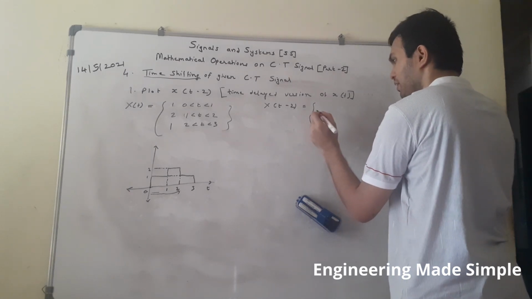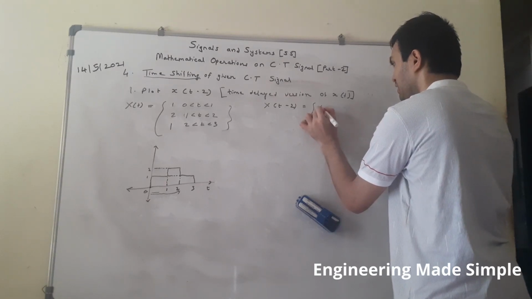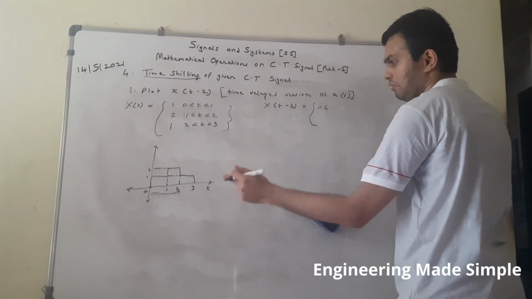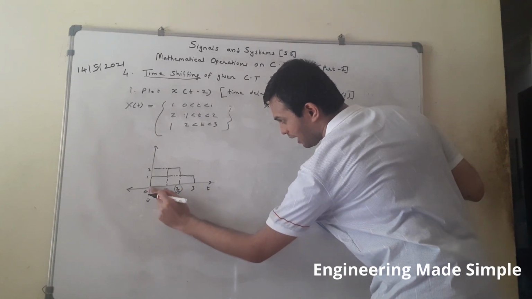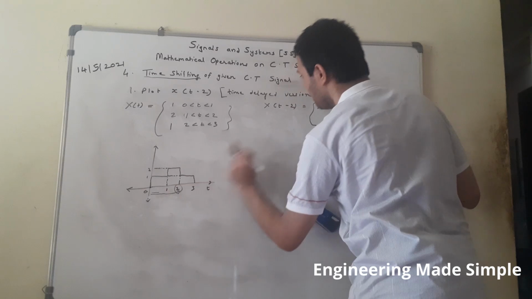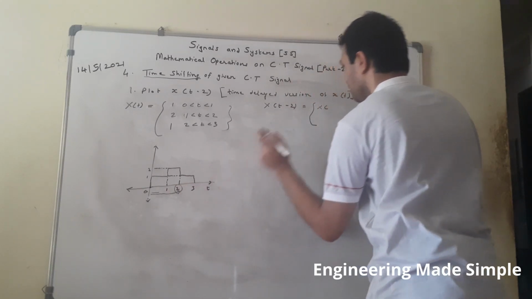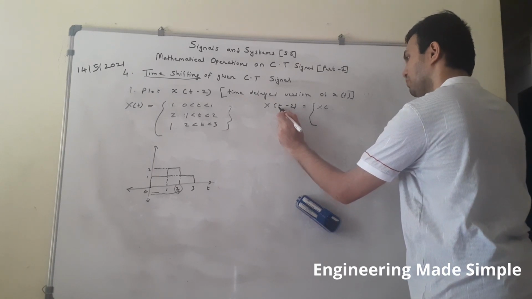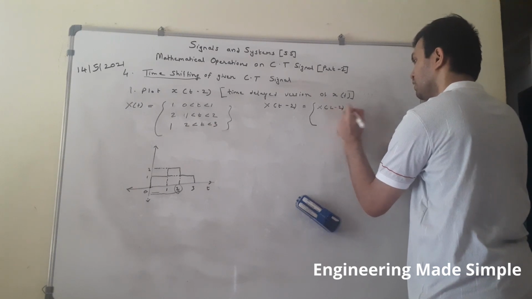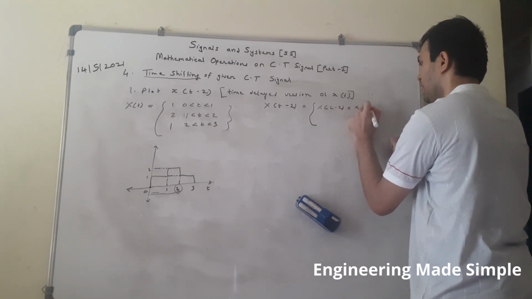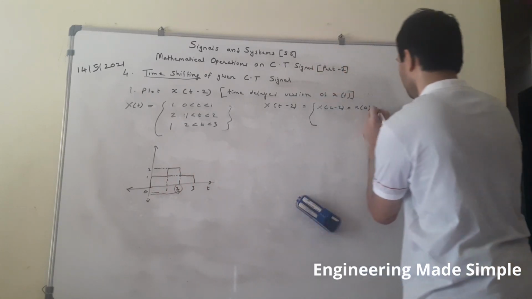Earlier the signal was starting from 0, but as it is x of t minus 2, we are starting the signal from the point 2. So now substitute t equal to 2 in the equation. x of 2 minus 2 will be x of 0. And what is the value of the signal x of t at 0? Its value is 1.